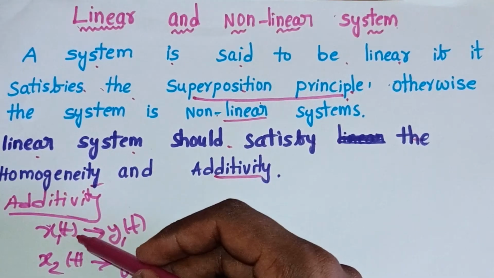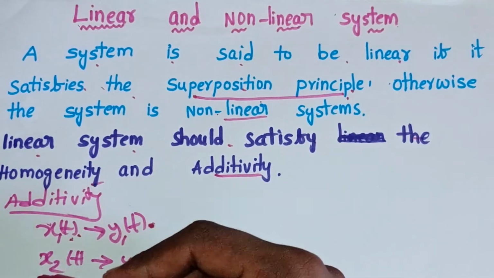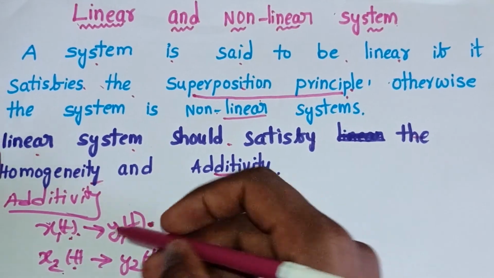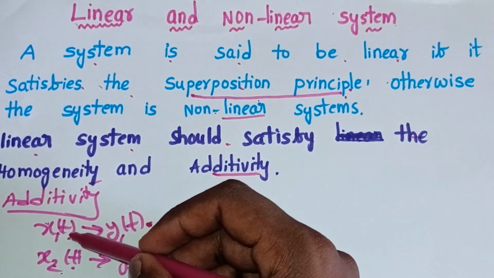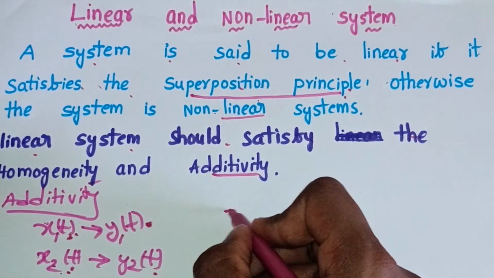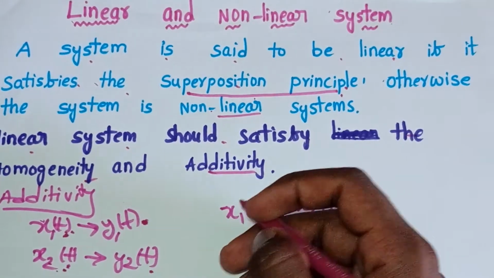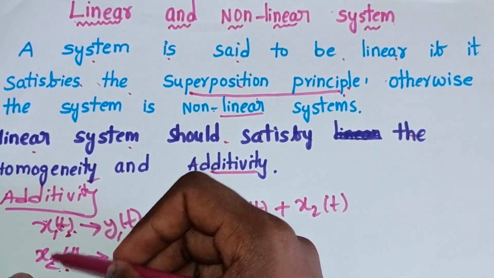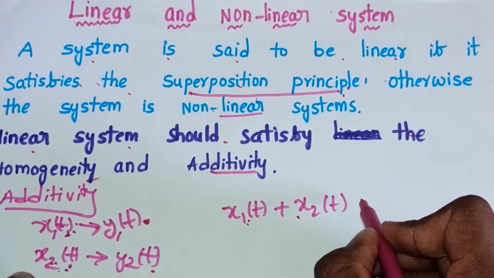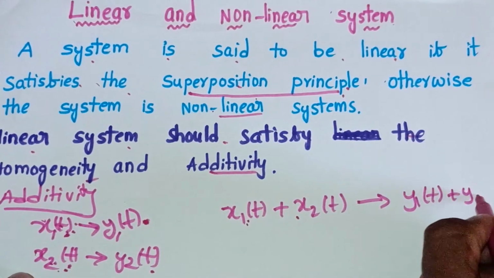If we give the input as x1 of t, then y1 of t is our output, and if the input is x2 of t, then y2 of t is our output. If we give the two signals to the same system, that is x1 of t plus x2 of t, then we will get the output as y1 of t plus y2 of t.